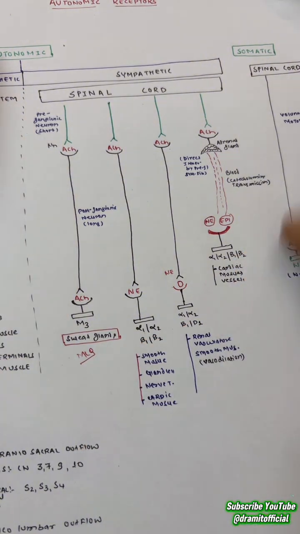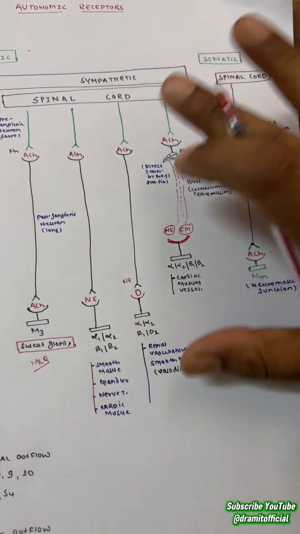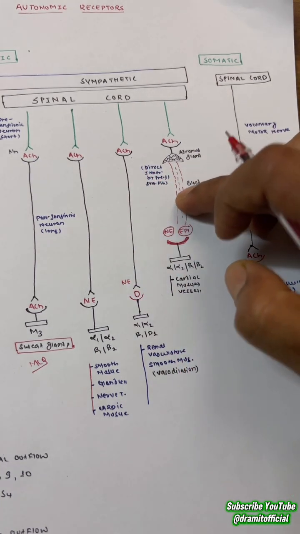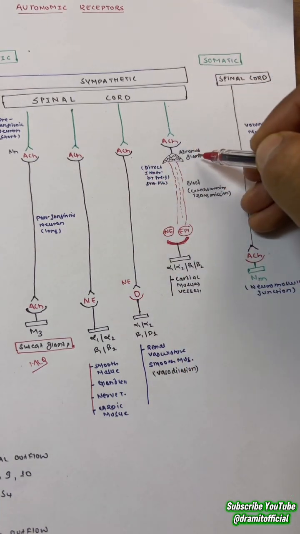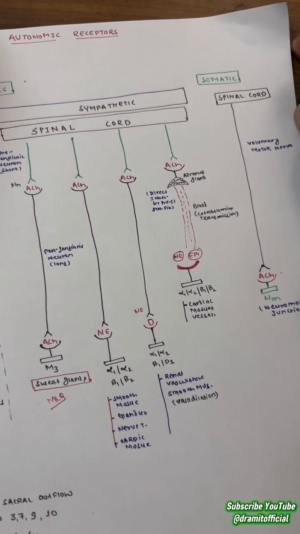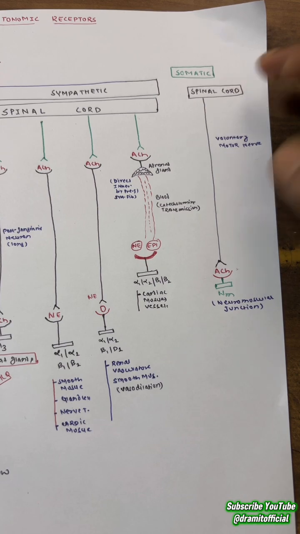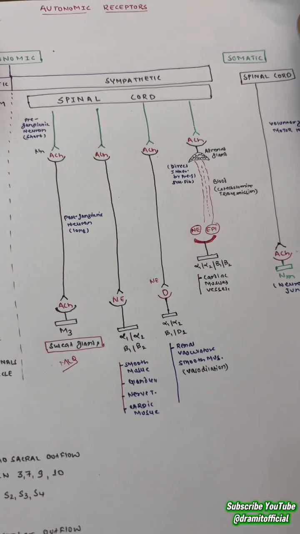And the second one is the adrenal gland. It's a part of the sympathetic nervous system, but there is no postganglionic neuron here. The preganglionic neuron directly innervates the adrenal gland. And the third one is the somatic nervous system, which starts from the spinal cord and reaches the neuromuscular junctions and produces a voluntary effect.